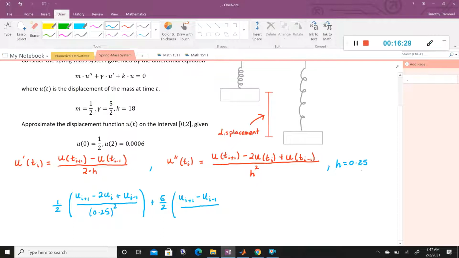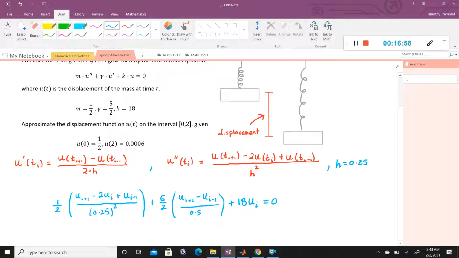So 2 times 0.25, that's just 0.5. And then we still have plus k, so that's 18. And for this last part here, we'll just say u sub I, and then this is all equal to 0.